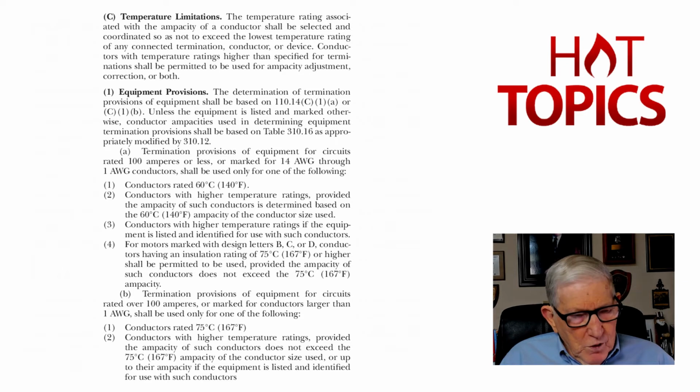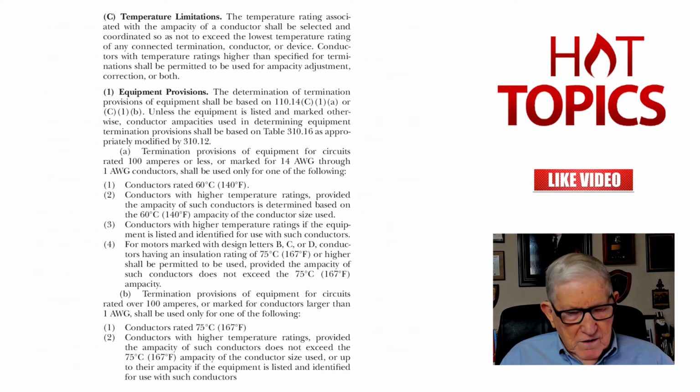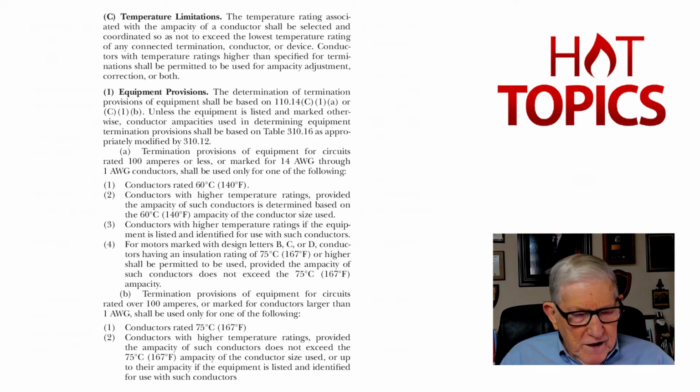If you look at 110.14(C), titled Temperature Limitations, I'm not going to read it all, but let's focus on the last sentence of that paragraph, and it reads: conductors with temperature ratings higher than specified for terminals shall be permitted to be used for ampacities of adjustment, correction, or both.